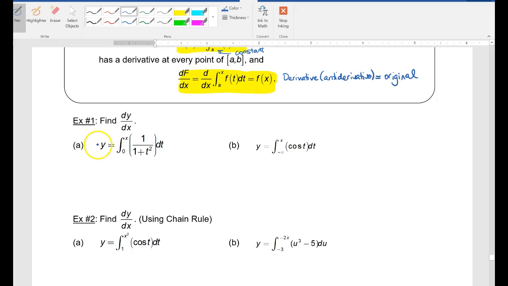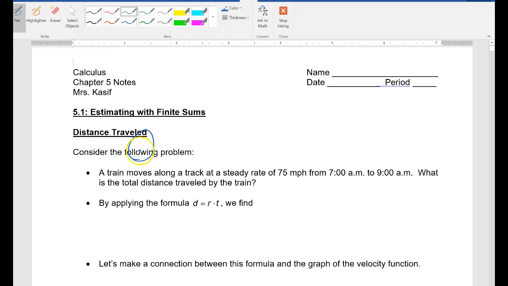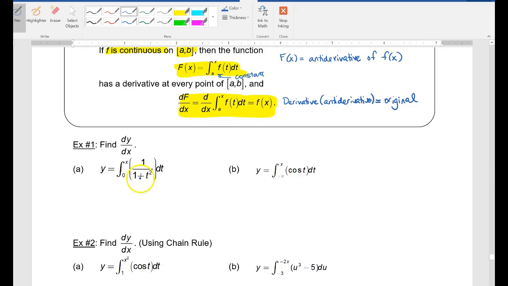Okay, so here's our y. Again, y is defined as the integral from 0 to x of 1 over 1 plus t squared dt. So this is our original function, or in this case, we'll say f of t.